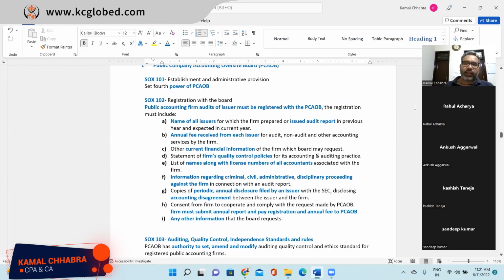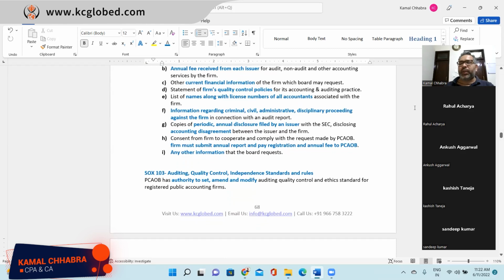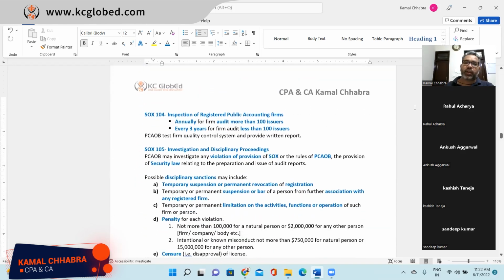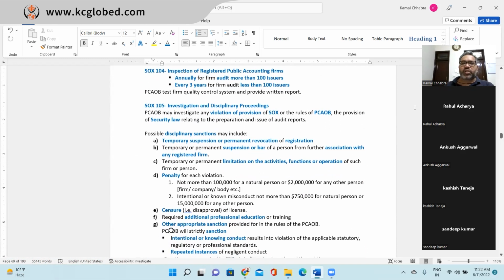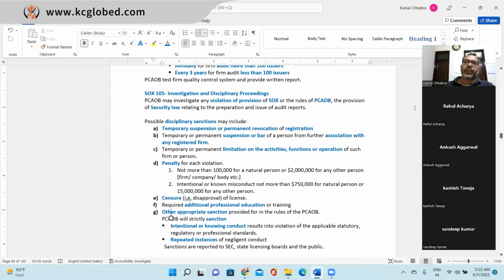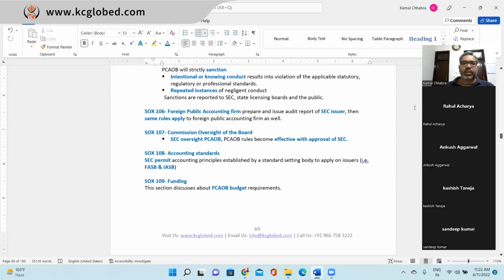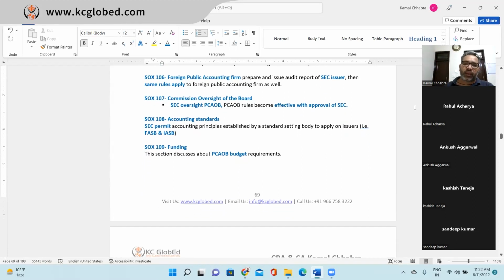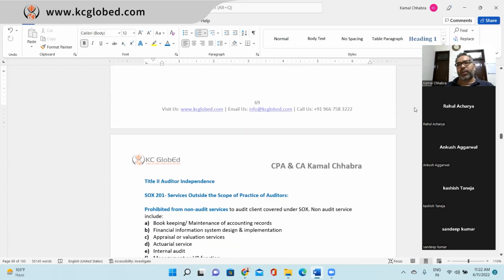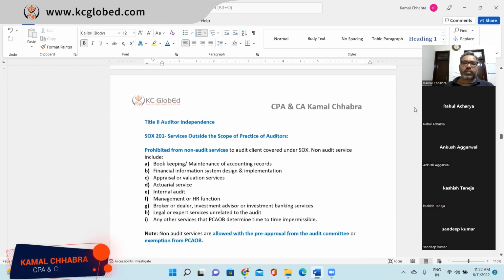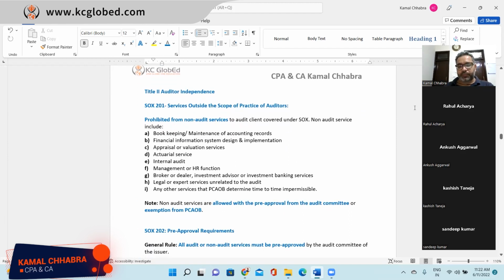Title 1 has anything and everything relating to PCAOB: establishment of the PCAOB, power of the PCAOB, registration of the PCAOB, quality control standards for the firm which is being registered with the PCAOB, inspection procedure of the CPA firm, investigation and disciplinary proceedings against the firm, foreign public accounting firms, commission oversight, accounting standards, and the funding requirement of the PCAOB. So this is all in Title 1, right?